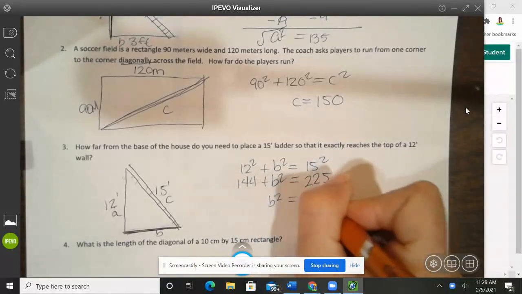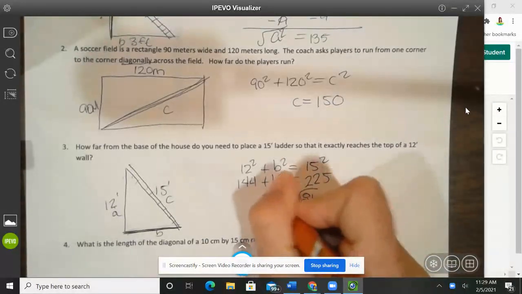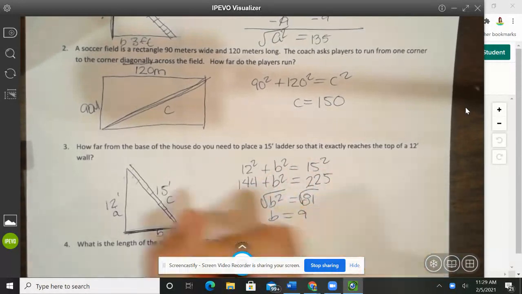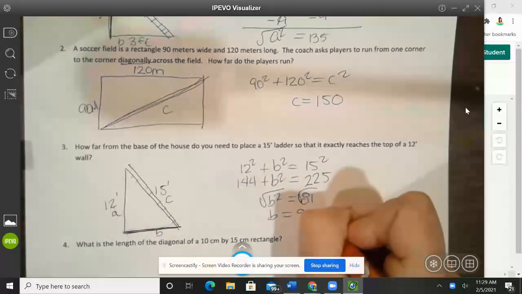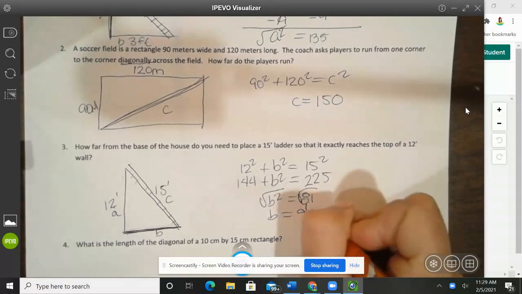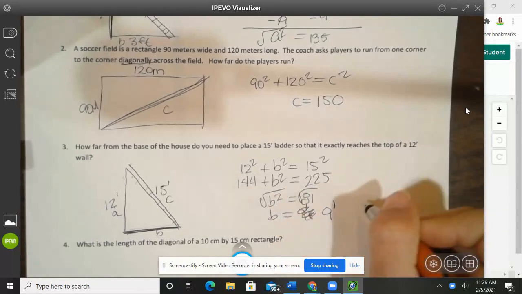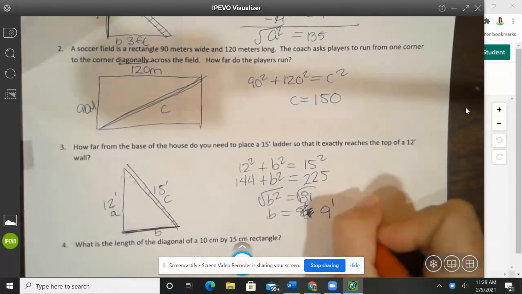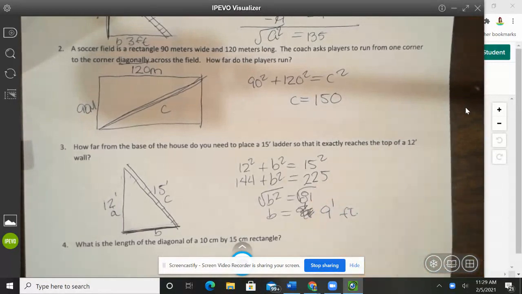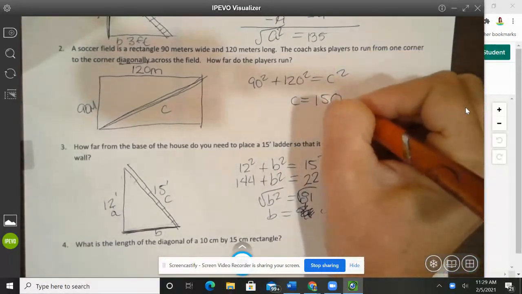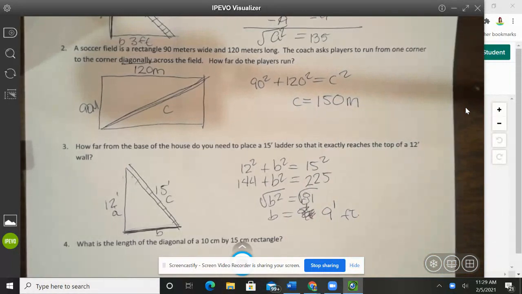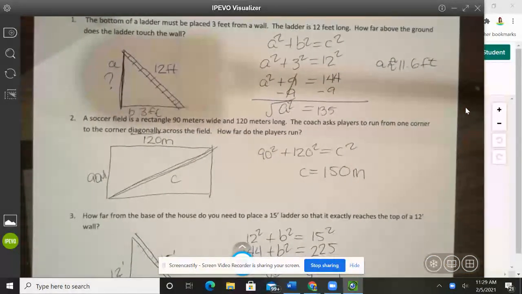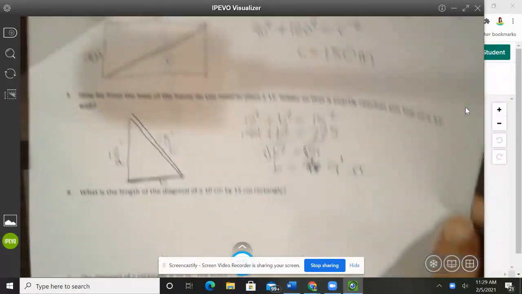B squared equals 81. And then take the square root, B equals 9. So 9 feet is the answer. This one is meters, right? Okay. All right, let's do another one.